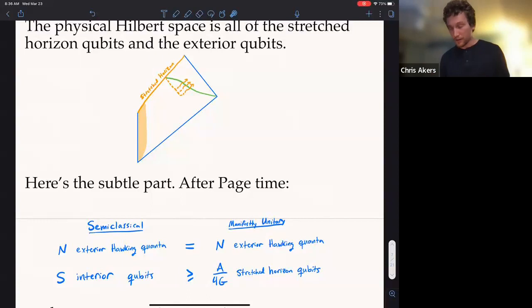After the Page time, the manifestly unitary description always has roughly A over 4G stretched horizon qubits, up to some order 1 factor, describing the black hole. But in the semiclassical description, after the Page time, you can have more.